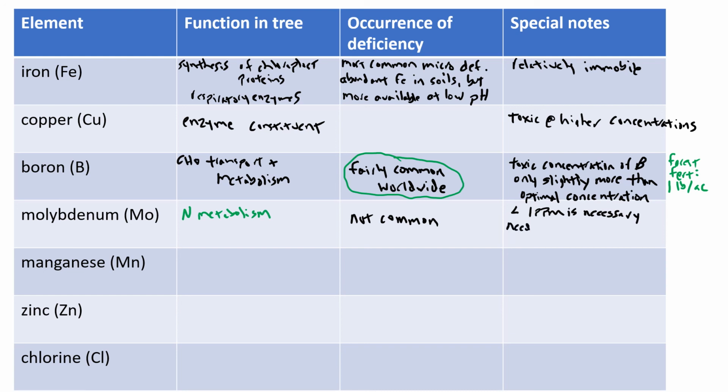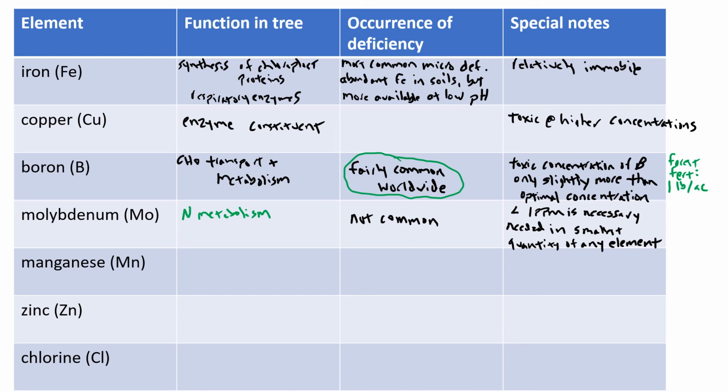Molybdenum is needed in the smallest quantity of any element. So that's probably one reason that it's seldom, if ever, deficient, is because it doesn't take much. And there's usually enough molybdenum in the soil to sustain the tree.